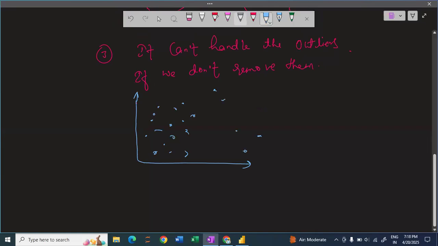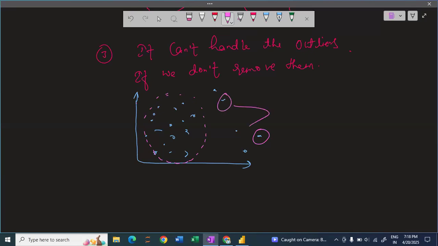There may be some outliers. These are the outliers, because mostly the data points occur in this area, but these are some data points which are totally apart from this area. So these are treated as outliers.